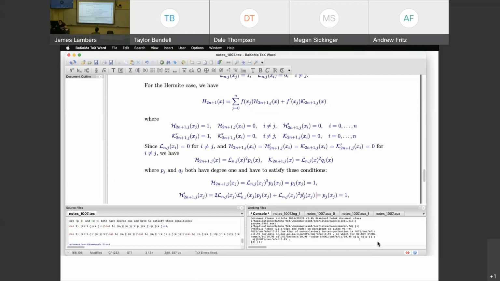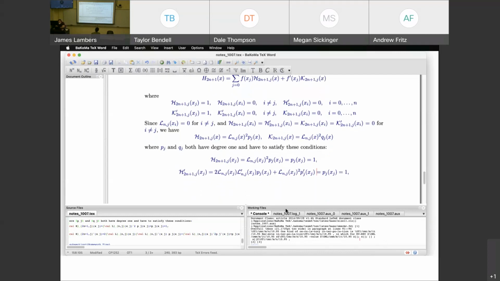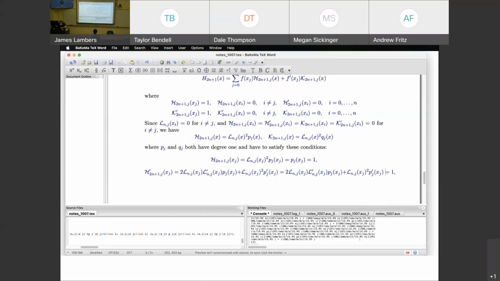Now to simplify this as much as we can, well, that's 1. This is known to be 1 from the other equation. Okay, so I'm just going to copy this and simplify it. Okay, so I have, that's 1.